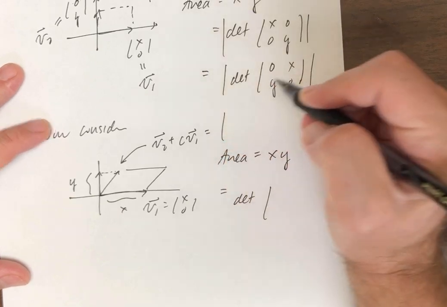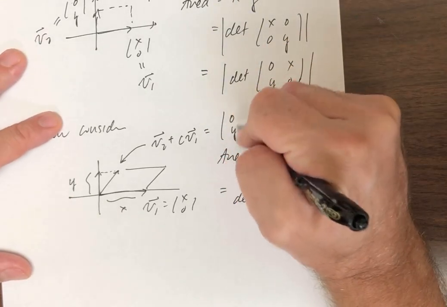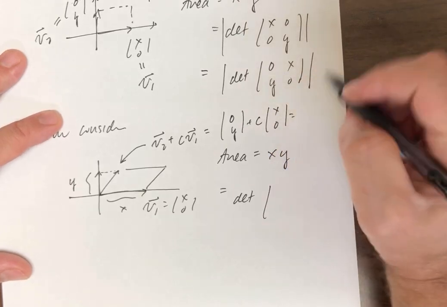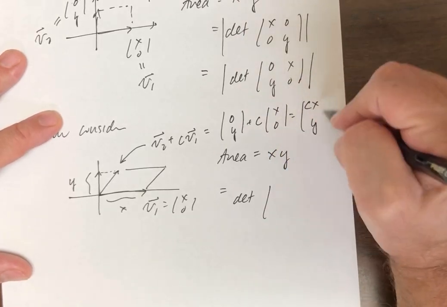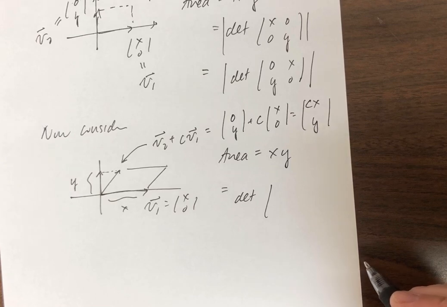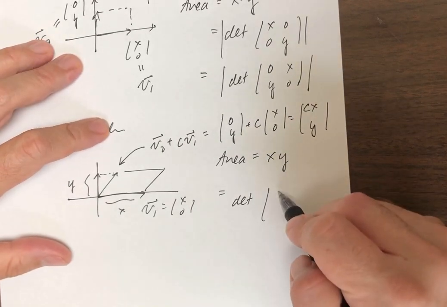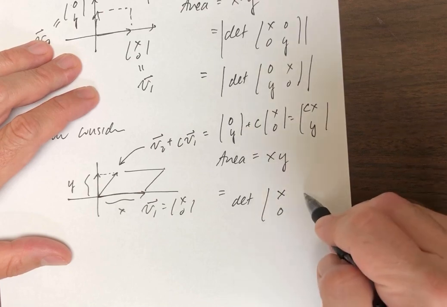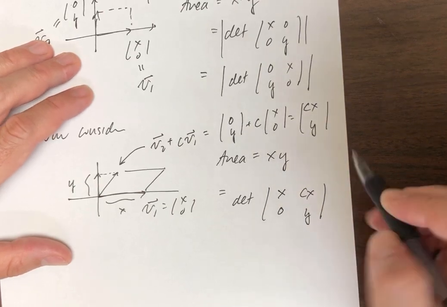This is going to be V2, which was (0, y), plus c times (x, 0). So this is just (cx, y), okay? So what I have is (x, 0) in the first column, and then (cx, y) in the second.